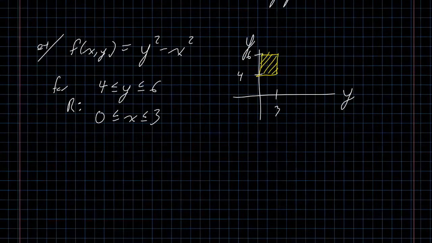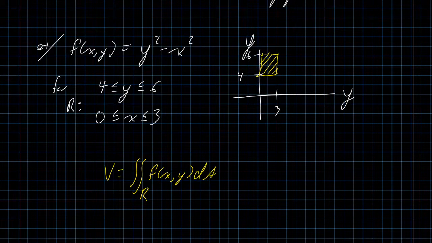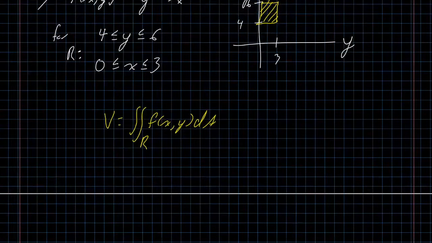And so we can calculate the volume underneath this curve, or underneath this surface. It's the double integral over our region of f of x and y dA. Now we have our choice.